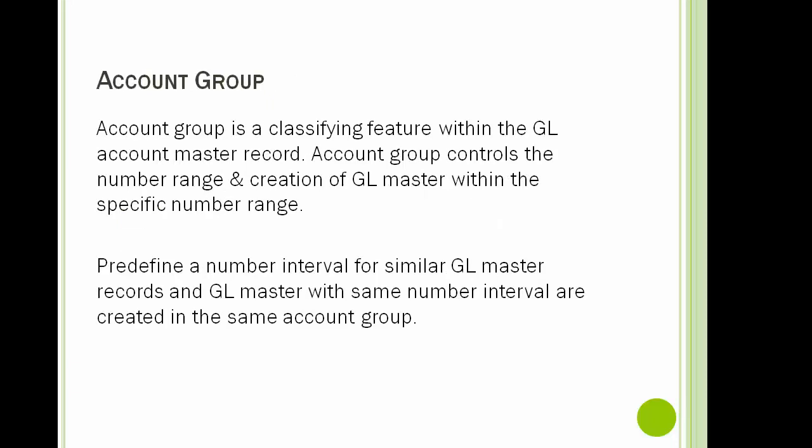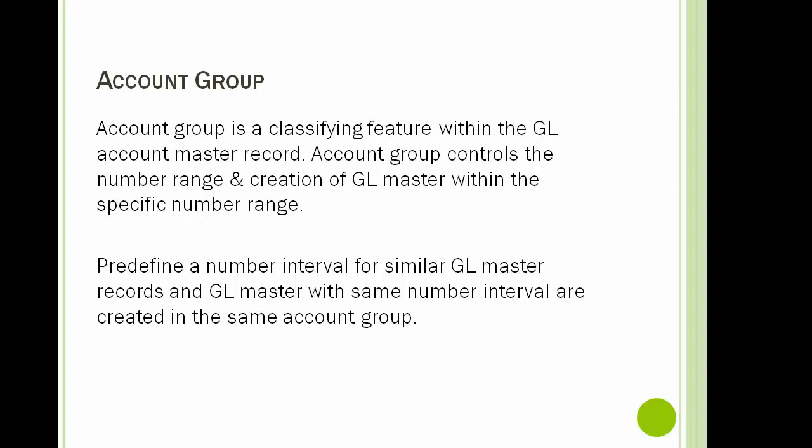Moving up to the next point, that is the account group. Now, account group controls the data that need to be entered at the time of master record creation. Account groups exist for the definition of GL account, vendor, customer master, etc. So what we do in this is we create groups.